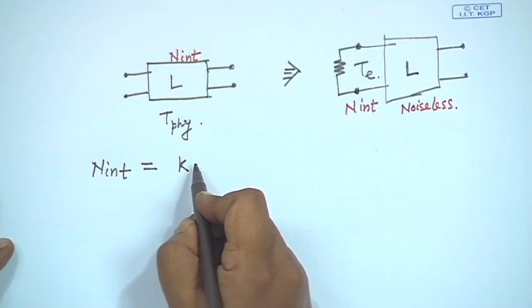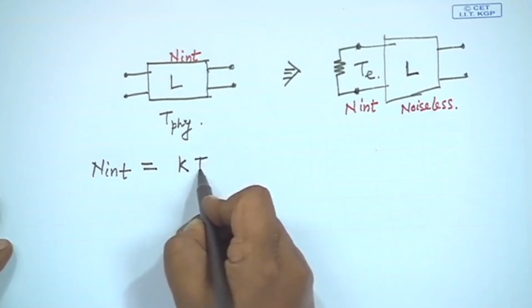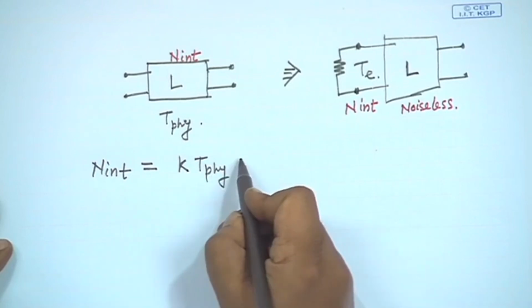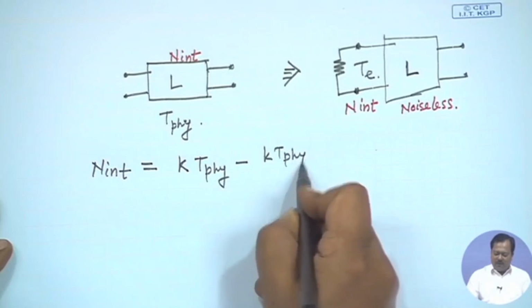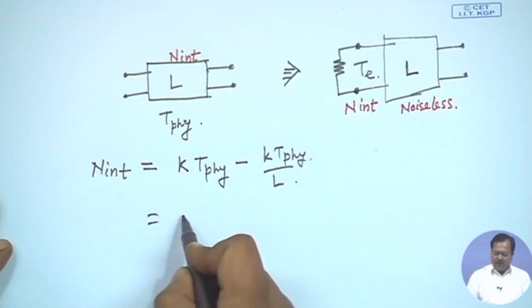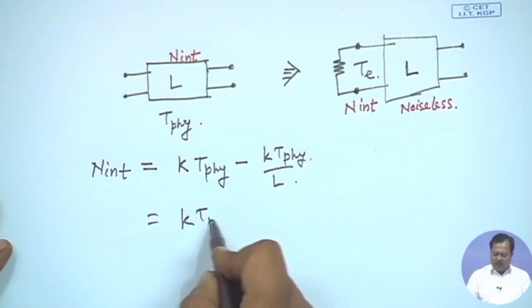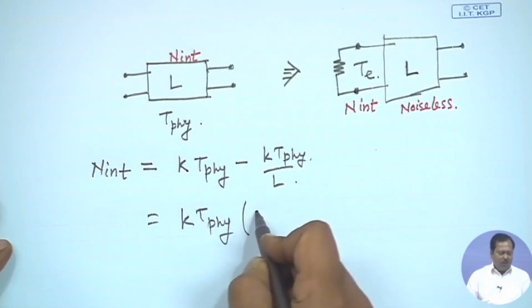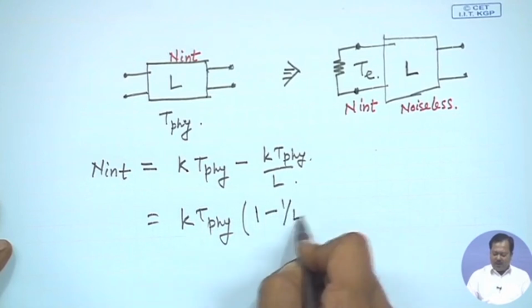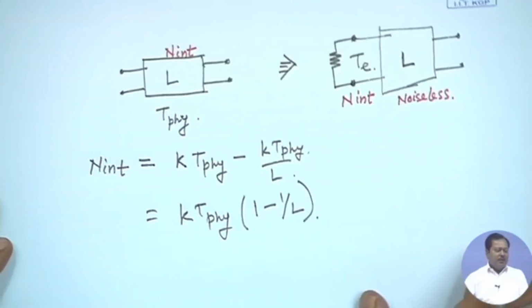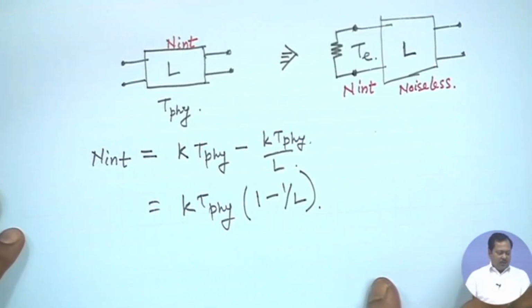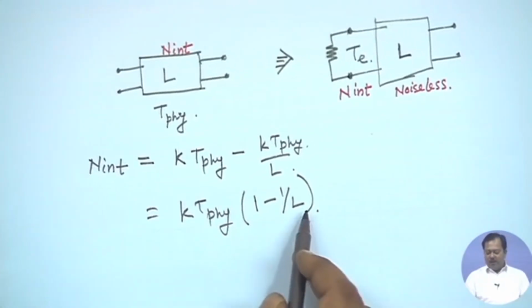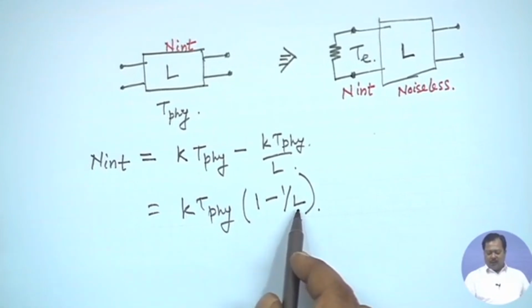So this is KT physical minus KT physical divided by L, or we can write this as KT physical into 1 minus 1 by L, where L represents the loss ratio. If I want to represent in terms of gain, then L will be simply 1 by G.